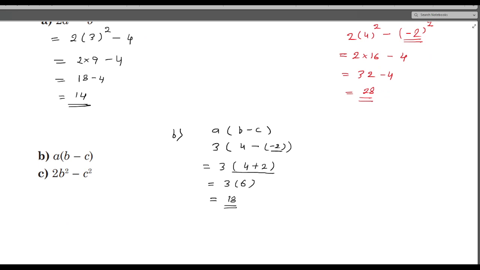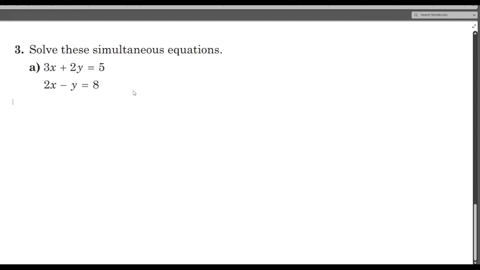Now let us revise a third category of problem, which we call simultaneous equations. Here you will be given two equations. They are linear in nature, so two linear equations in two variables.